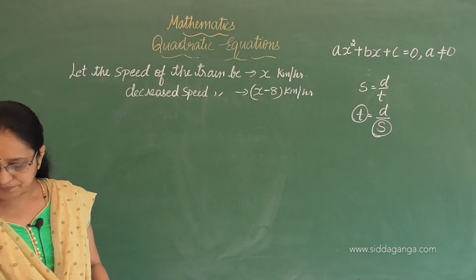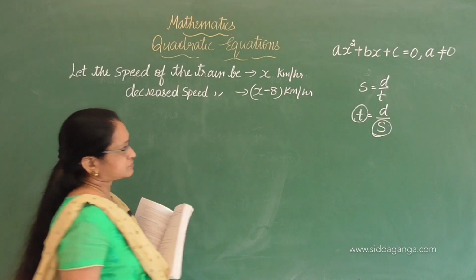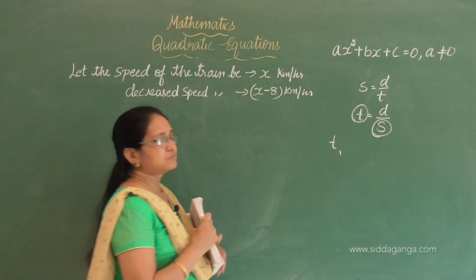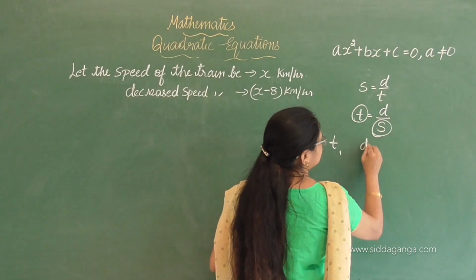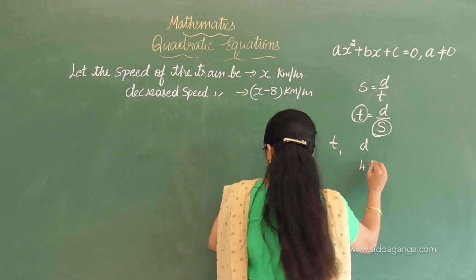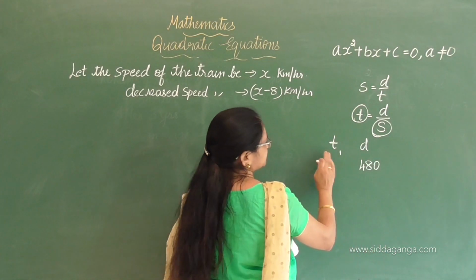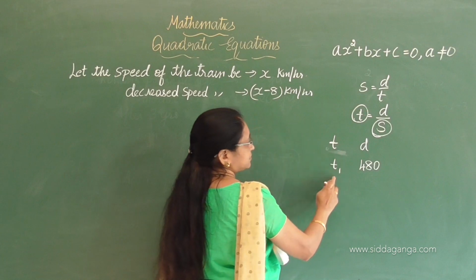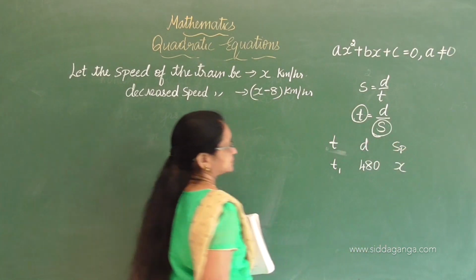See there. So now, if you take T1 as time, let me once again explain. T1 as time and distance of course is 480. So this is for the first situation: time T1, speed is x.